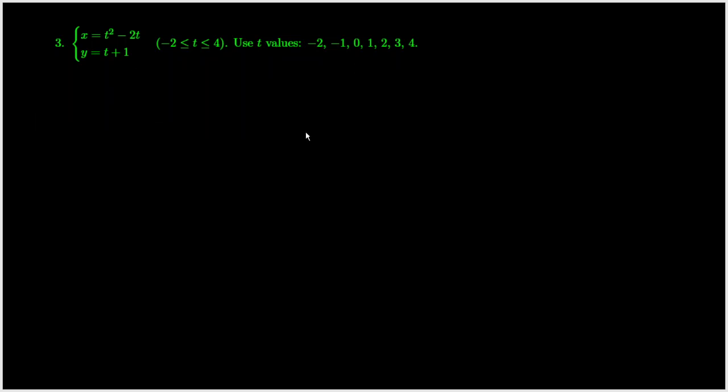Simple enough. Again, to save time, I'm not going to get all the points. You just remember every value of t on the interval defines a point on the curve, and then you connect all the points, you have the curve. Simple.